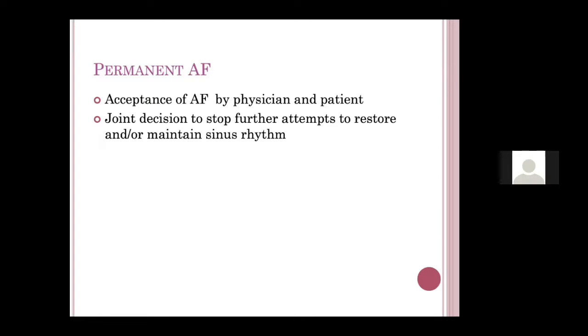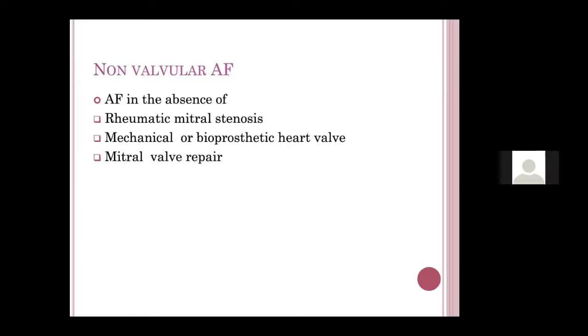And permanent is acceptance of AF, so you accept that the AF is there and you no longer want to maintain sinus rhythm because all the attempts have failed. Now, non-valvular AF is AF in the absence of rheumatic mitral stenosis. There were many controversies, but they said only moderate to severe mitral stenosis is considered valvular.